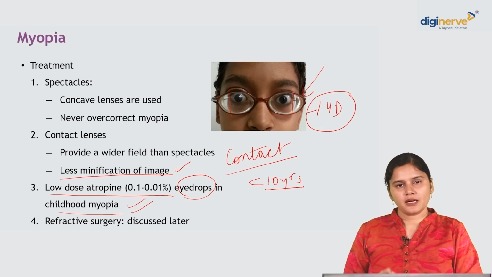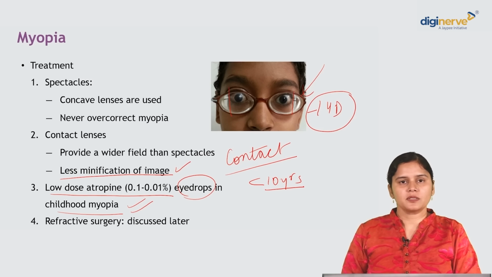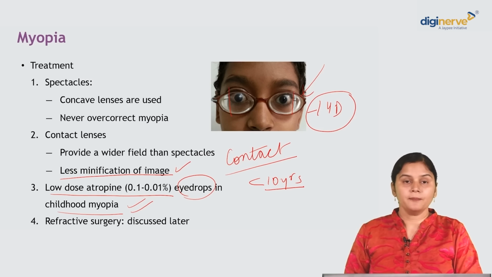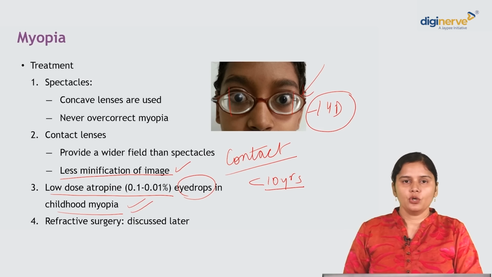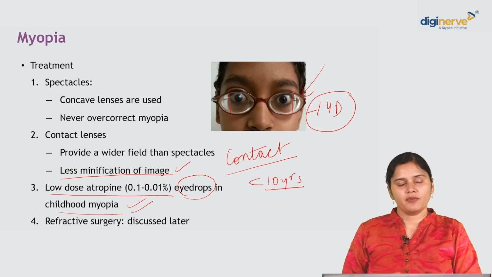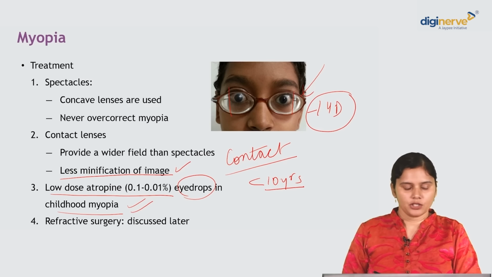There you can prescribe low dose atropine eye drops twice daily or once daily, which have been shown to not hamper the person's accommodation so much, but they prevent rapid elongation of the eyeball. Refractive surgery can also be done in adults who have myopia, which will be discussed later.